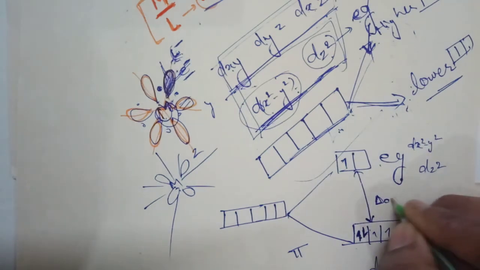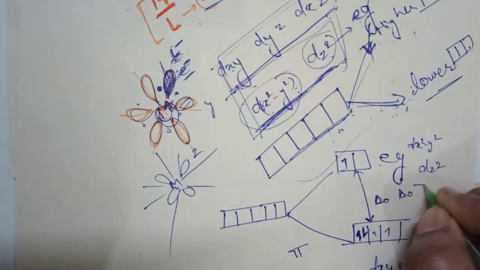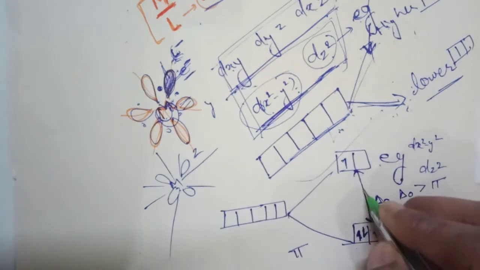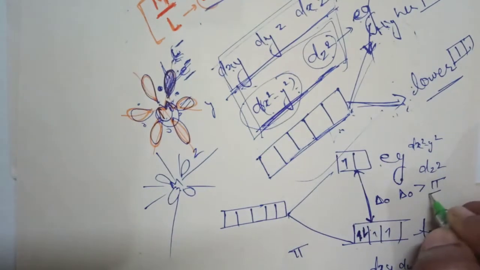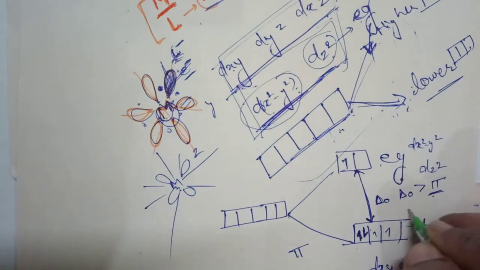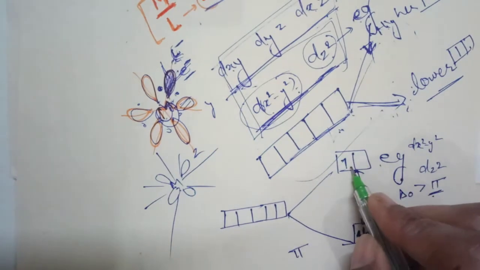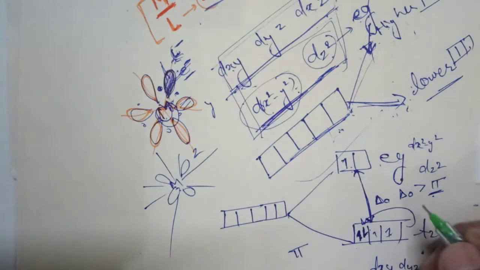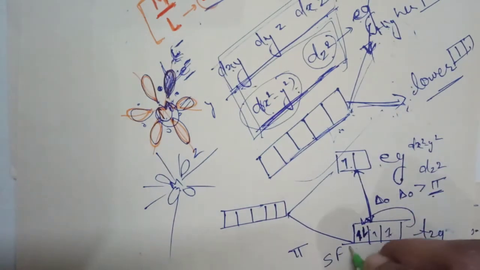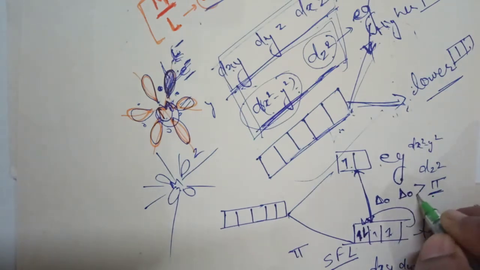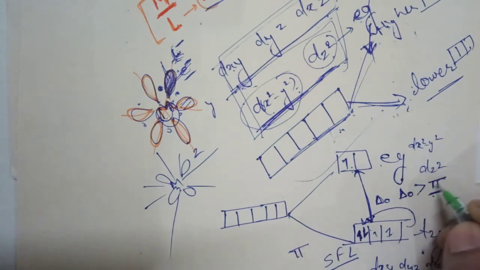If delta O is greater than P, means splitting energy is much more than pairing energy, then the electron will be easily paired and will not be filled in Eg orbitals. Means when a strong field ligand takes part in the formation of compounds, then delta O will be much more and P will be less.